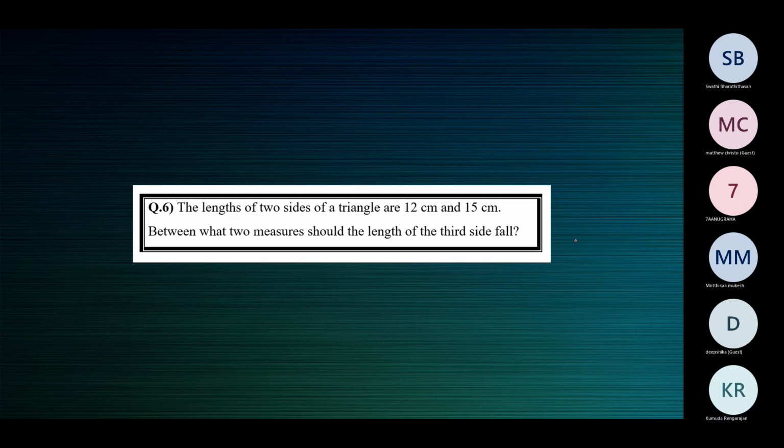Correct. We are given two numbers. We will have to get the third number so that these three numbers form a triangle. To form a triangle, we need three lengths. We are given two. What can be the third one? So what is the sum of these two numbers? 27. What's the difference? 3.